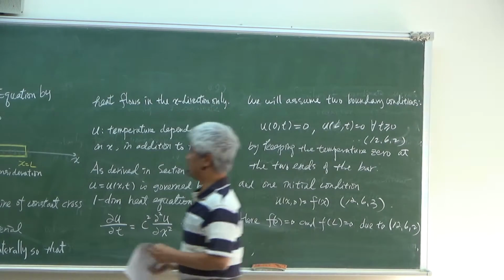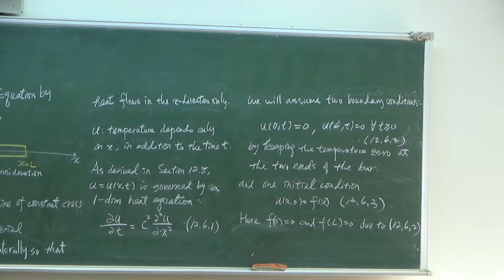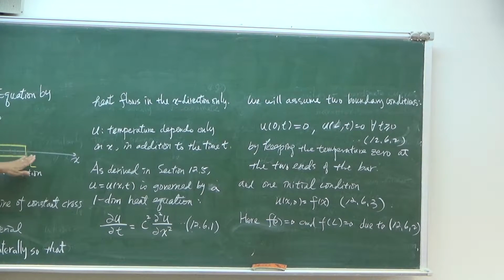So you may think about that. Initially, the bar has some temperature distribution along the bar from x equals 0 to L. And because you have different temperature along the bar, you have a gradient.